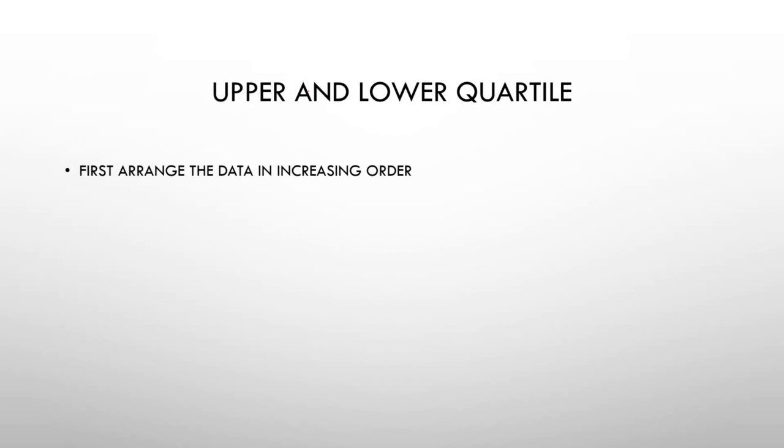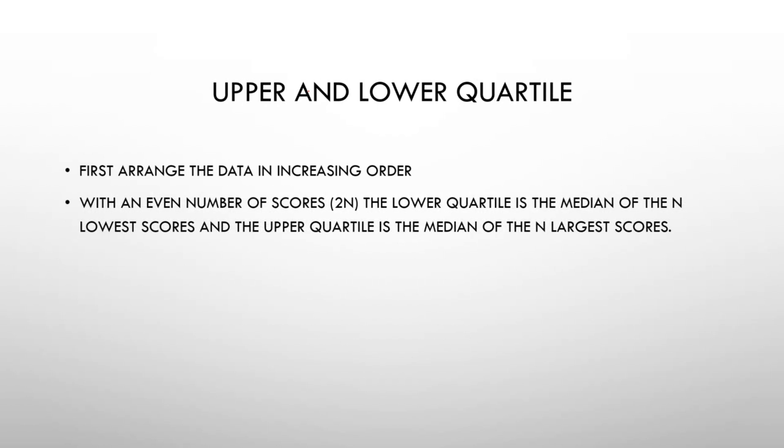So if you're looking to find your upper and lower quartile, we're going to first arrange the numbers in increasing order. If you have an even number of numbers, so for example 10, the lower quartile will be the median of the 5 lower numbers, and the upper quartile is the median of the 5 larger numbers.